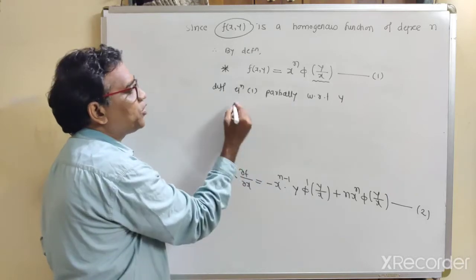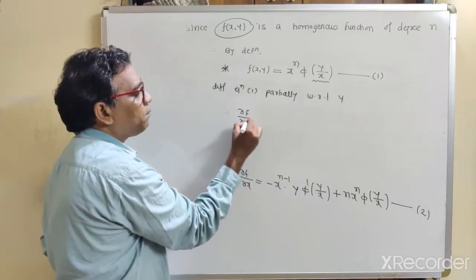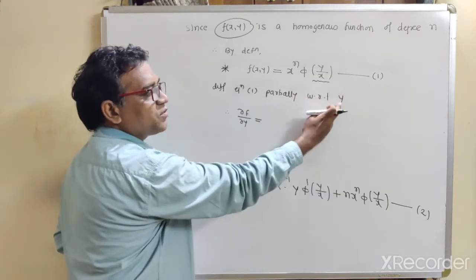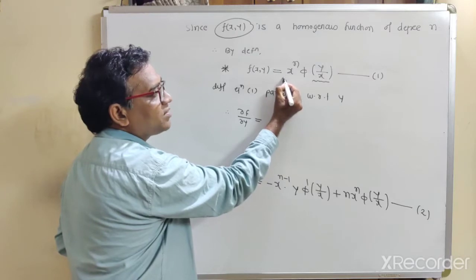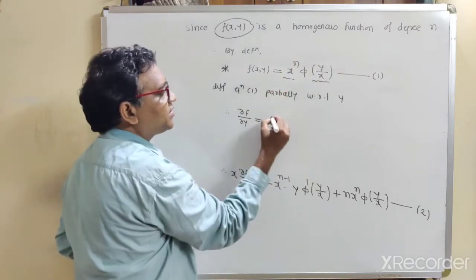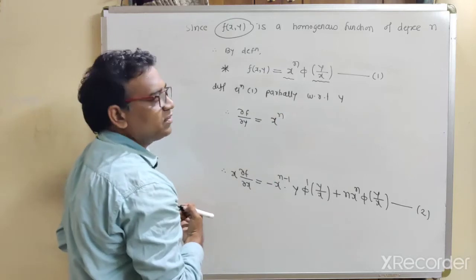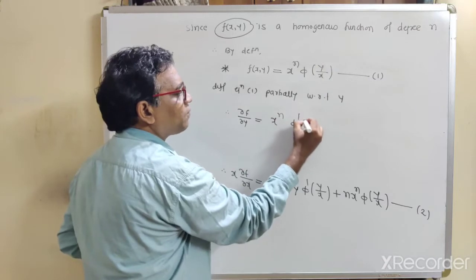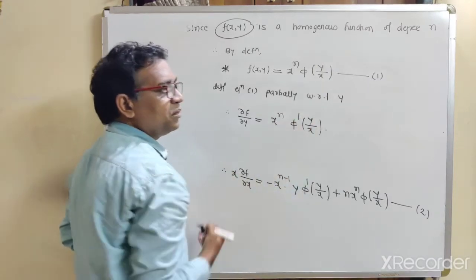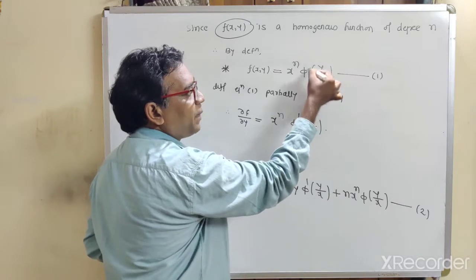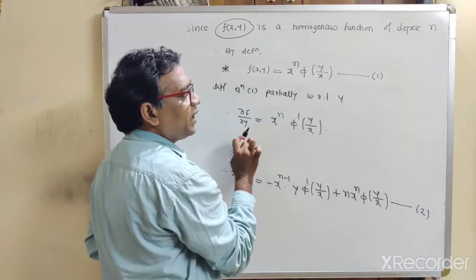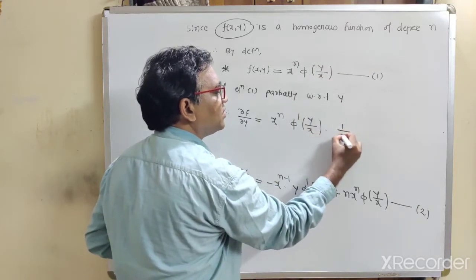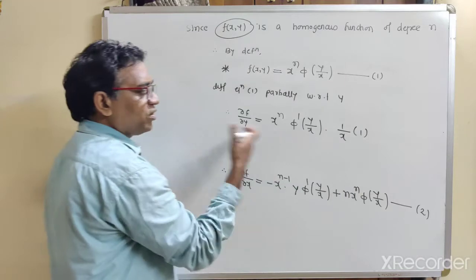This is del f by del y is equal to, now partial differentiation with respect to y means we have to keep x as a constant quantity. So x raised to n is constant, and just write down the derivative of the second term. Derivative of phi is phi dash into, by chain rule, multiply by derivative of y upon x by keeping x constant. So derivative of y is 1, and 1 upon x is a constant quantity.